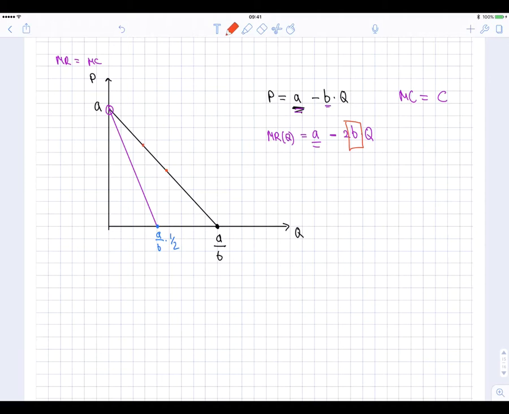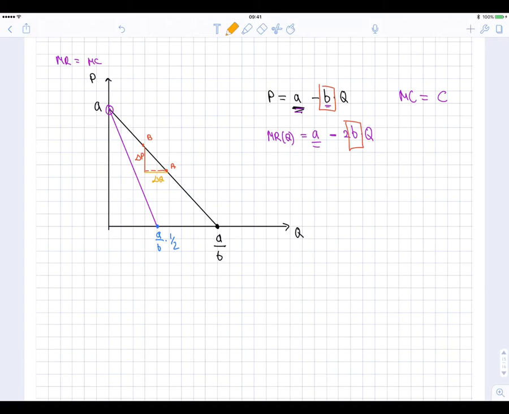Yeah, for some change in Q, if I go from point B to point A, there's going to be a change in price, agree? Let's associate that change in price with that height, and there's going to be a change in quantity. Let's associate the change in quantity with this other distance here, delta Q. What's going to be the slope?